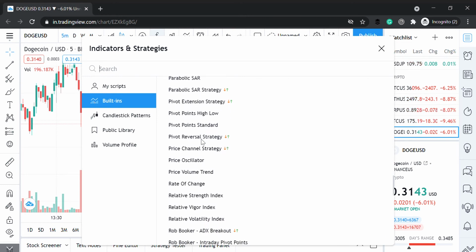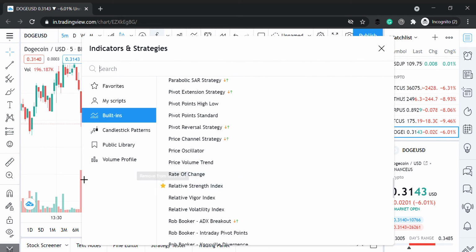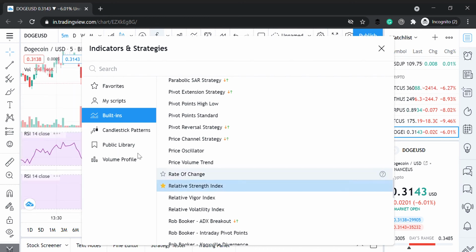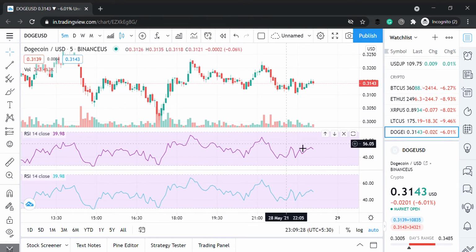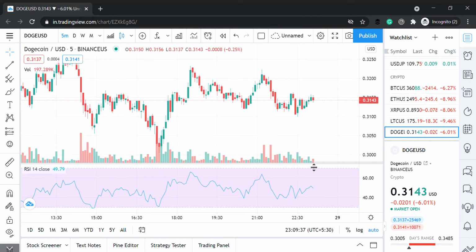So the first one is the relative strength index. Mostly people call it RSI. When you apply this, you will see it like this. Oops, there are two RSI. Yeah, so this is the RSI, relative strength index.